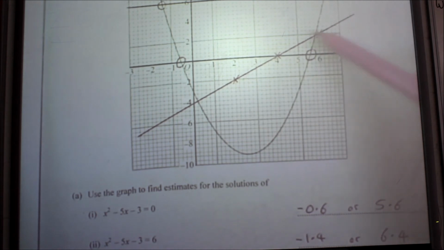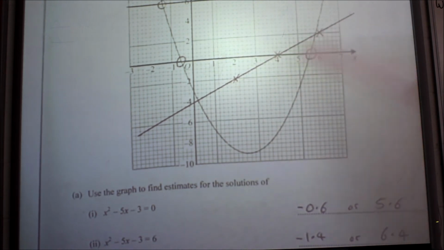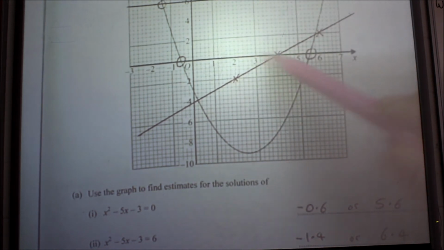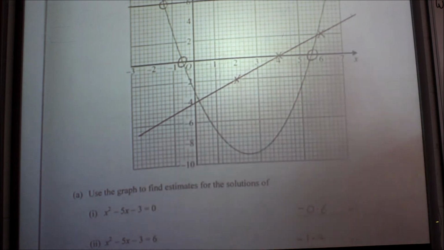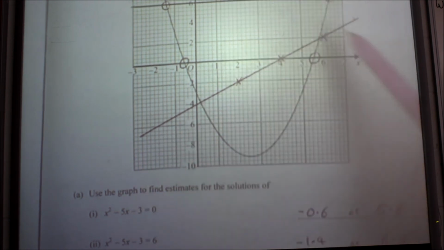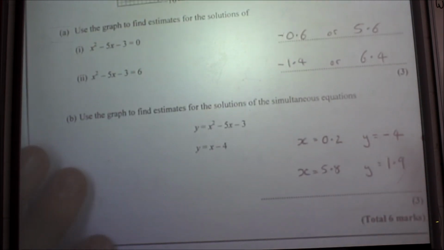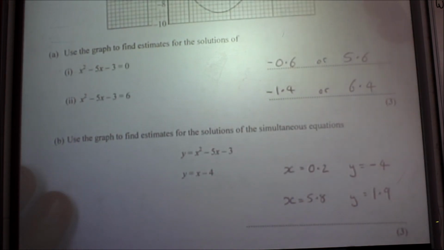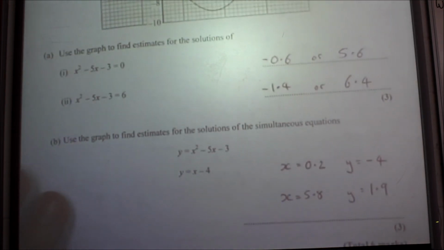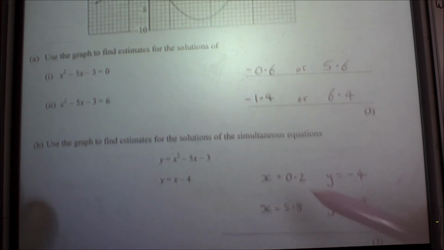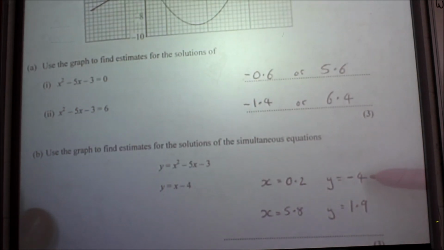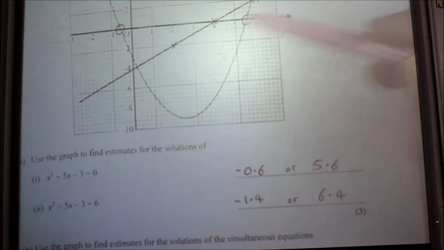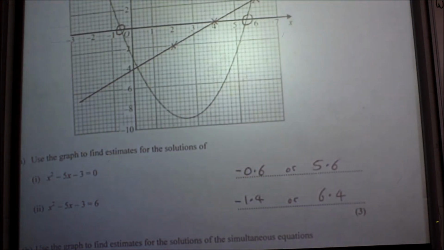So 6 take away 4 is 2, brilliant. 4 take away 4 is 0. 2 take away 4, sorry, is minus 2. So that's how I've drawn that line. And again, see where they cross each other. There are your answers. Put down the coordinates where they cross. So x is either 0.2 and minus 4, or 5.8 and 1.9. There we go.